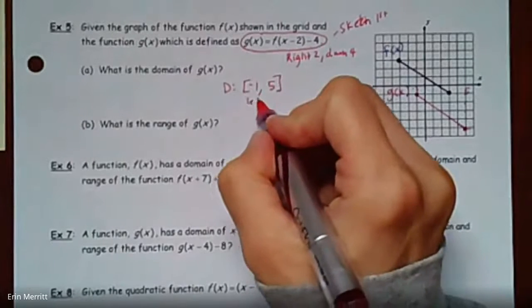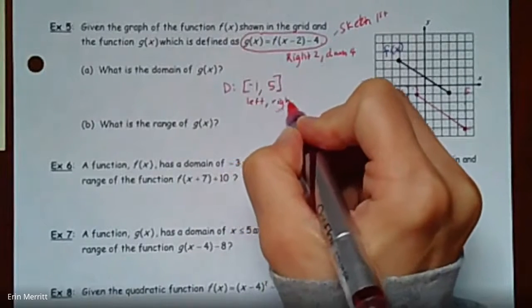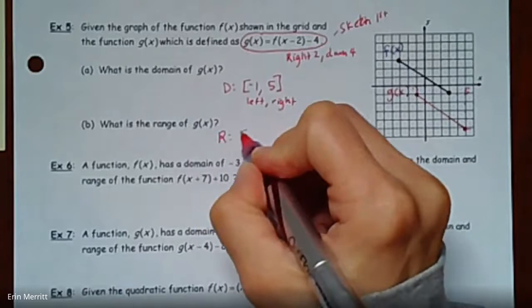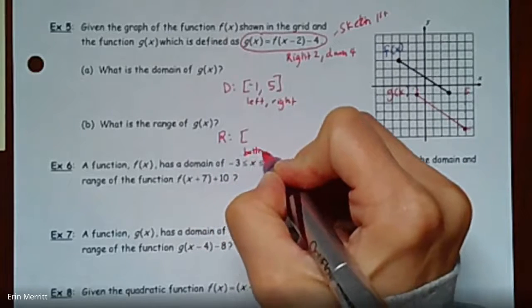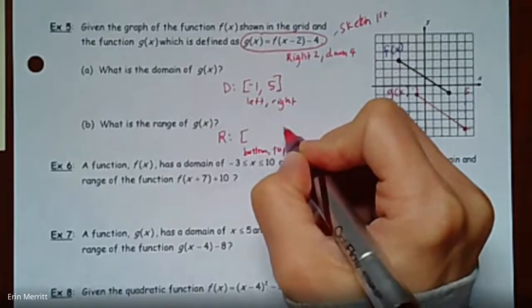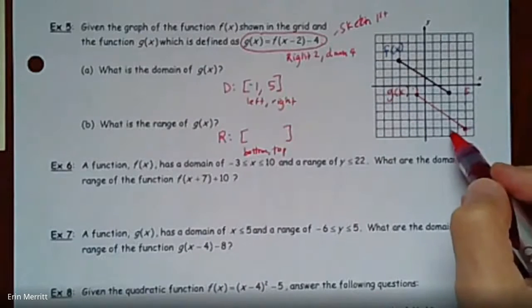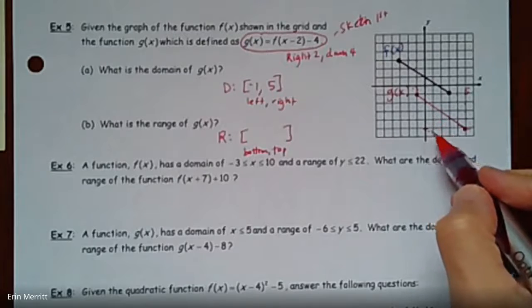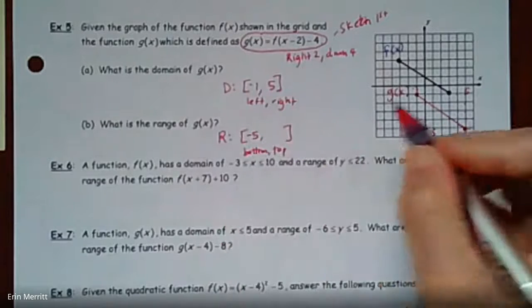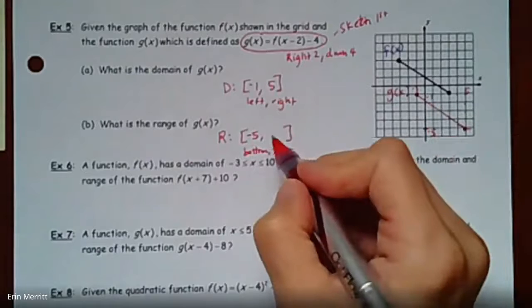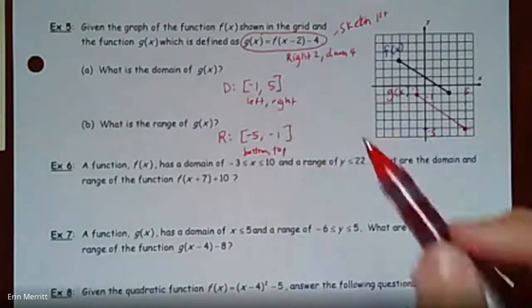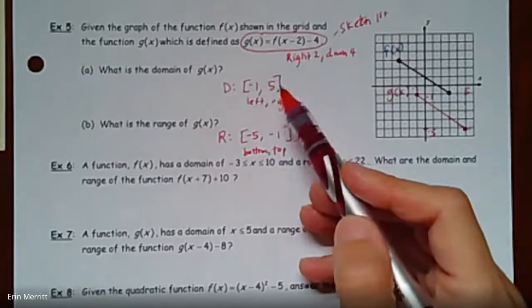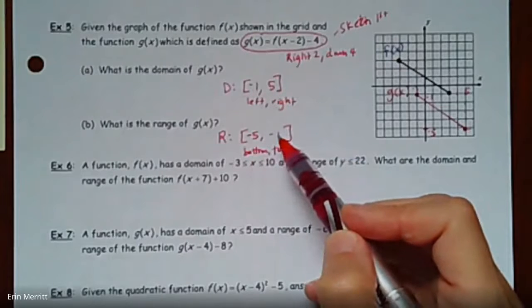So again, this was left to right. When we talk about range, we're talking about the bottom to the top. All right. So the lowest value, that's this guy right here. Bring it over. That is 1, 2, 3, 4, 5. So -5 and then up to -1. So we're seeing a lot of those same numbers, but make sure smallest to biggest here.